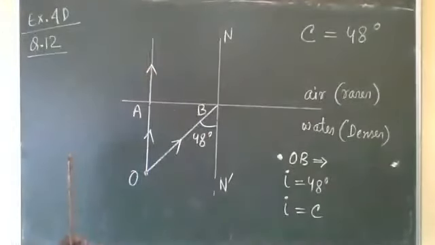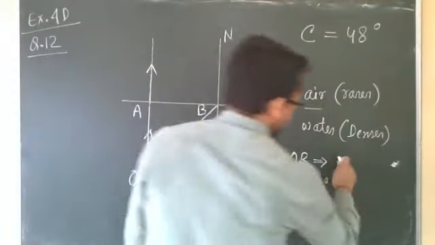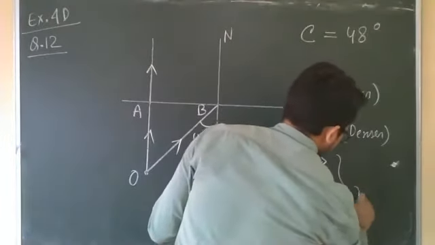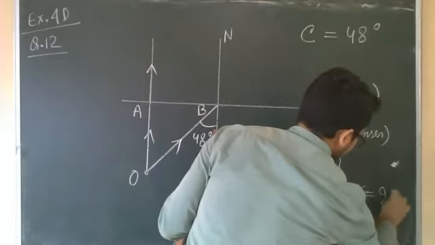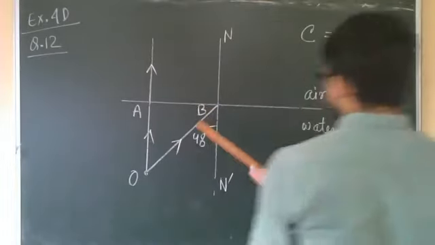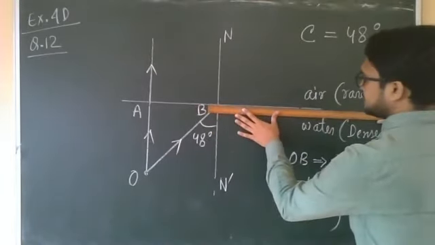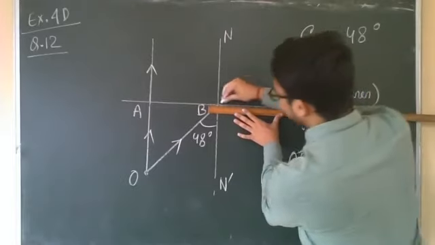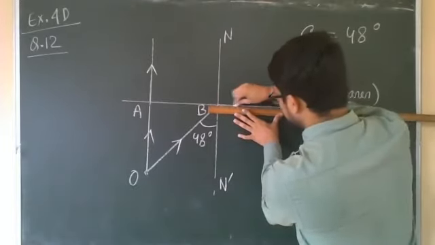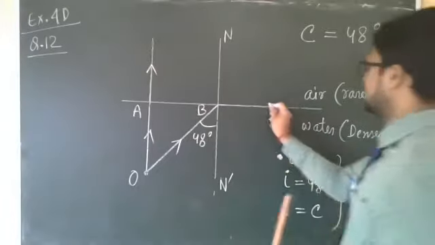So what will happen? We will get the angle of refraction as 90 degrees in the air medium. That means the refracted ray will go along the interface.